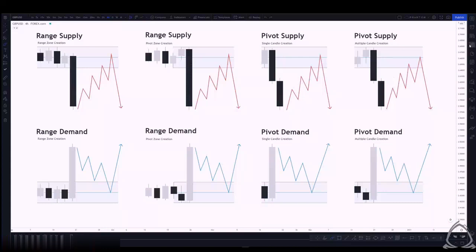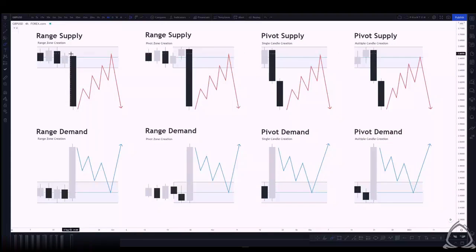So now that we understand the concept of pivots, we can then apply that to the range created supply and demand zones. And as we can see within this overall range that has been created, we have 2 bullish candles before the bearish move that expands to the downside, or 2 bearish candles before the bullish expansion that breaks out of that range. So we're able to refine our zone to using just the pivots if we wish.